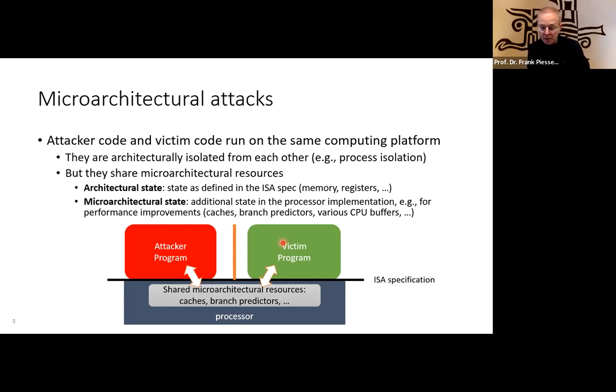For example, they might be running in different virtual machines on the cloud, or there might be different processes on your desktop, or there might be different tabs in your browser. So the attacker and the victim, the two pieces of software executing on the platform that might want to attack one another, are, at the level of the instruction set architecture, at the level of how the processor is supposed to work, isolated from one another.